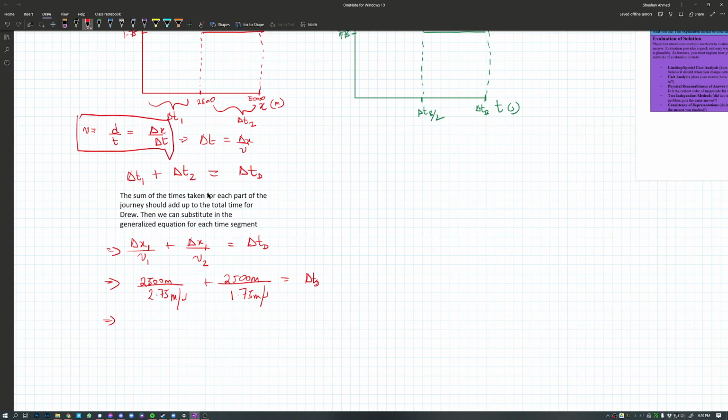Let's get to crunching. 2,500 divided by 2.75, I get 909.1, and what happens to the units?